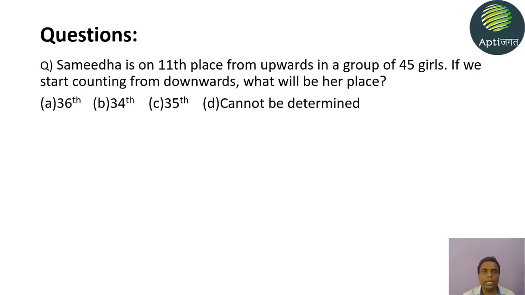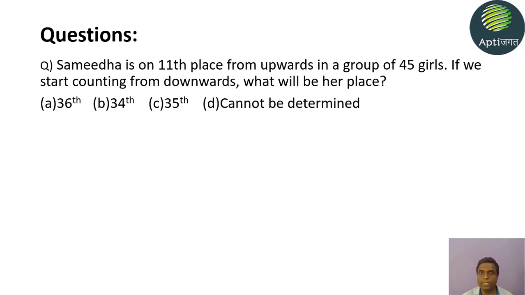Samida is in 11th place from upwards in a group of 45 girls. If we start counting from downwards, what will be her place? Just now we have studied a shortcut formula to find the total strength of the queue. Now here, what is unknown?